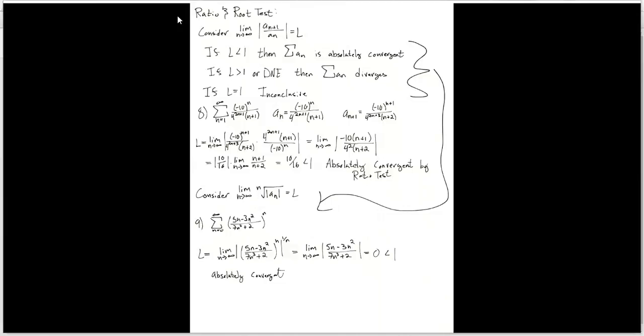Okay. So the last topic that we have here is getting a little bit into the next section we were supposed to be talking about today, which is power series. So what is a power series?